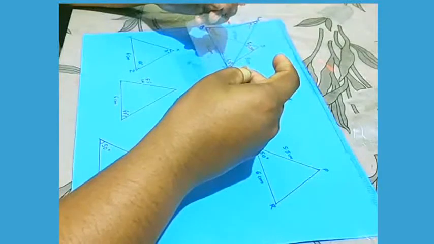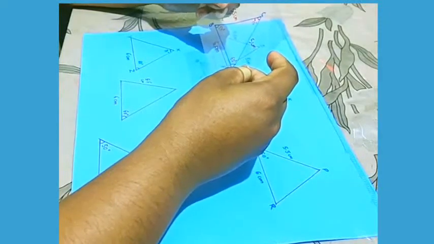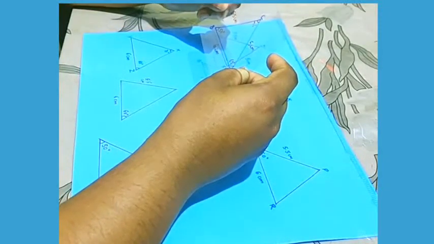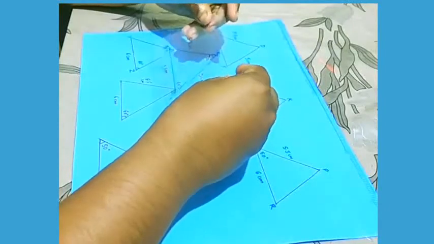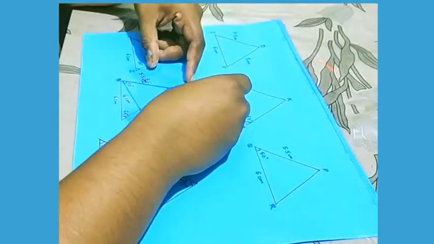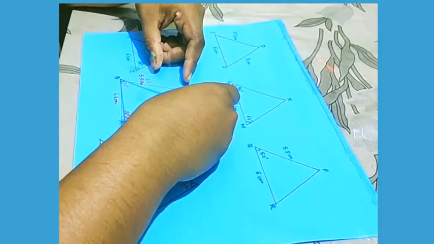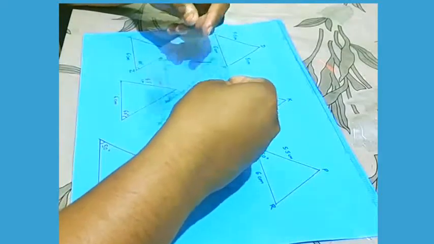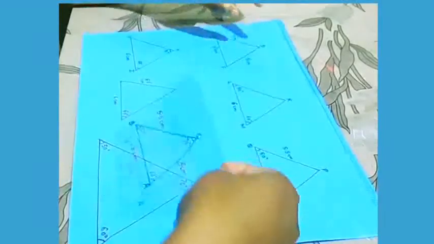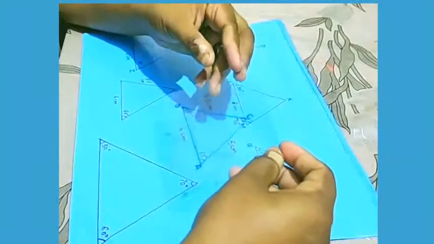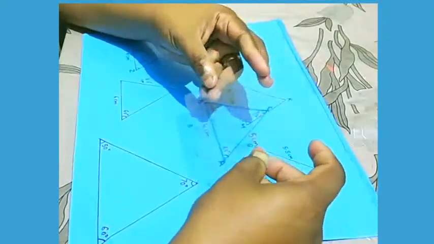Now the tests that we don't have, for example SSA. That test was not there, so does it work? The sides are there, exact measuring side and angle is there, but still the triangles are not congruent, therefore the SSA test does not work. And lastly the AAA test, where all three angles are the same.